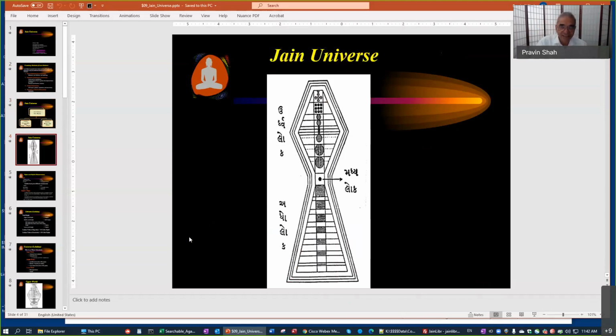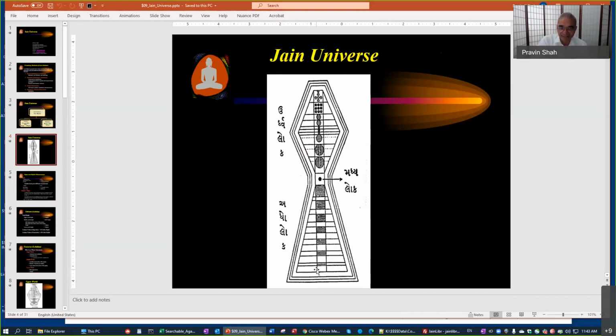this is the shape of Lokakash from top to bottom. In the middle, you can see these two parallel lines, from here to here. It is called Thrust Nadi.